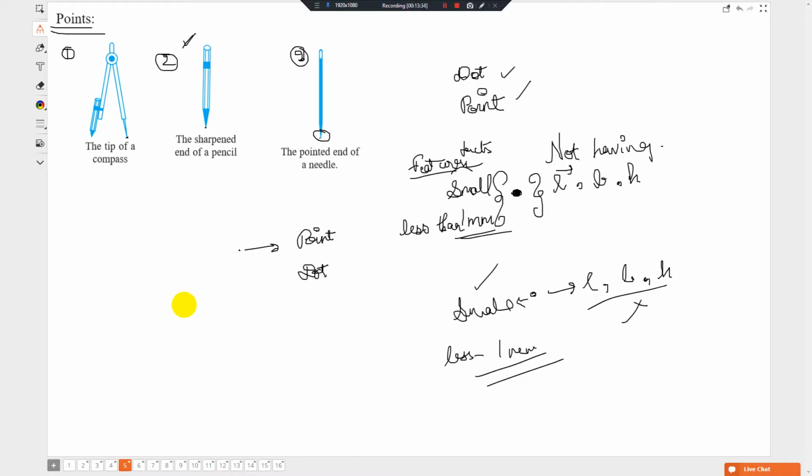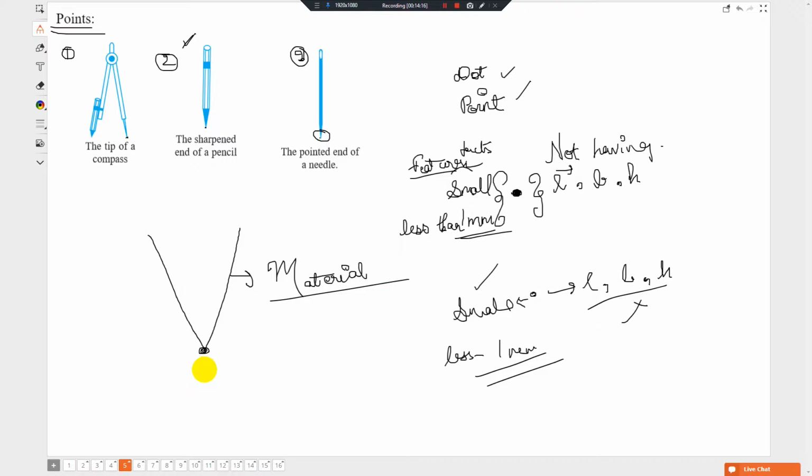And also one more thing I want to tell. The sharper the thing, like the pencil, see, this is very sharp, right? The sharper the material, the pencil is the material, the thinner will be the dot.